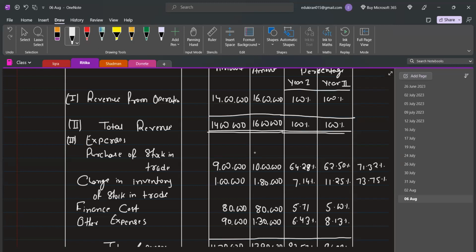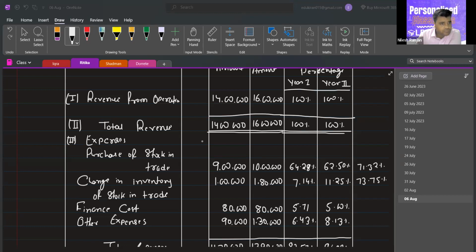Now, actually, in previous class, there are 3 points: the definition of common size statement, their objective, and the format. So this is the definition and objective of common size statement, and this is our format.